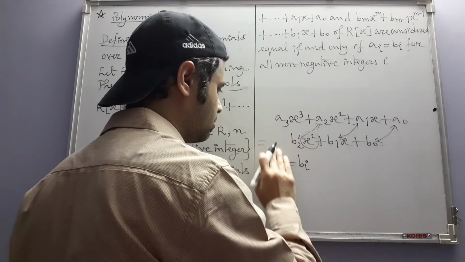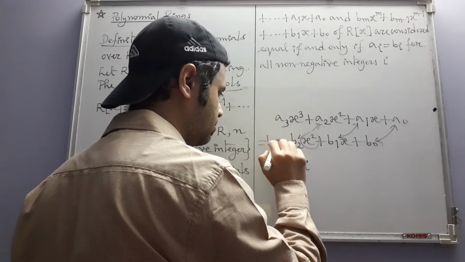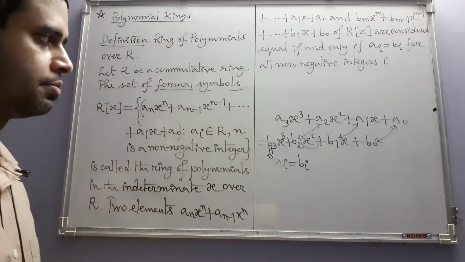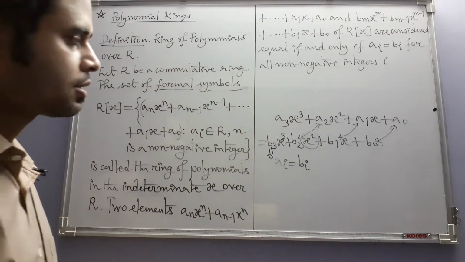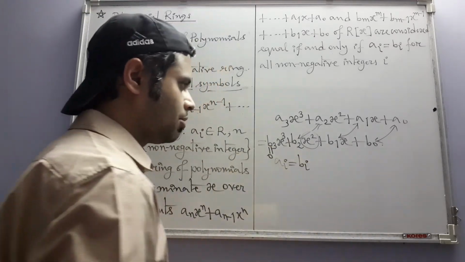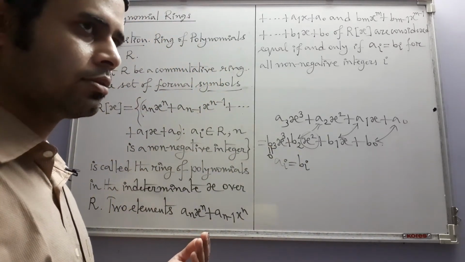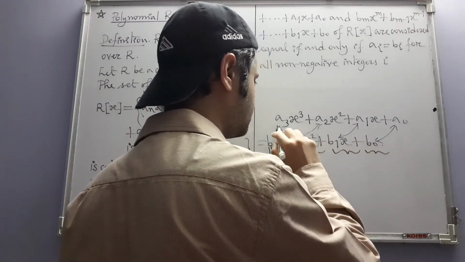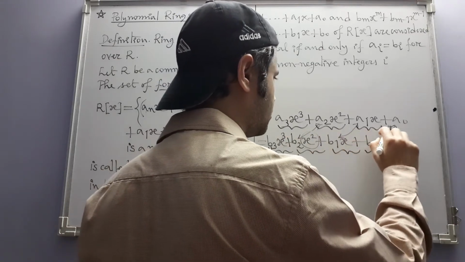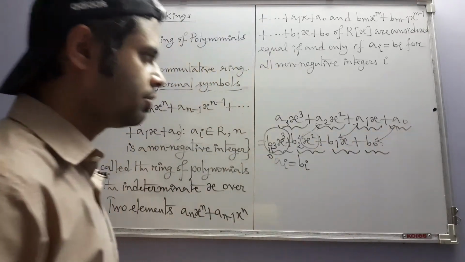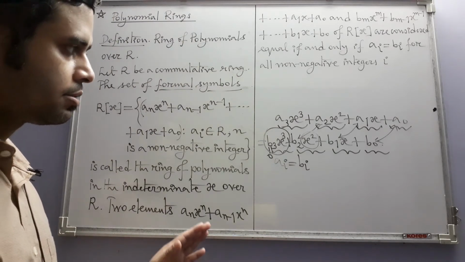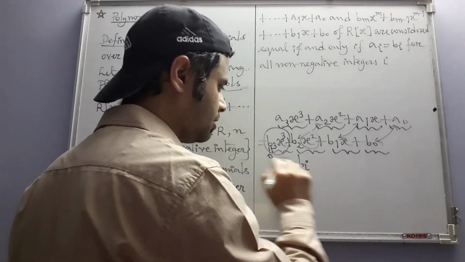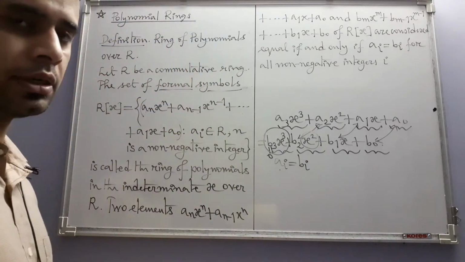We consider that there is b_3, but that b_3 is actually 0, and this is actually 0. Okay, that's how we make the two polynomials have the same number of terms by introducing extra terms if necessary. So under this convention, now it makes sense to say that a_i should be equal to b_i for all non-negative integers i.